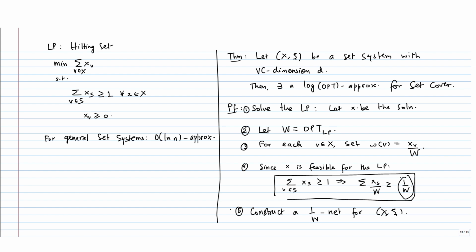Now if you compute a 1 over W net for the set system, then every set contains a point, and so you would have a hitting set.